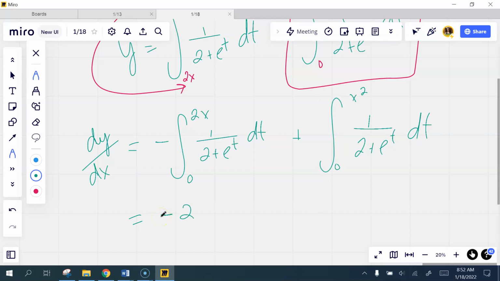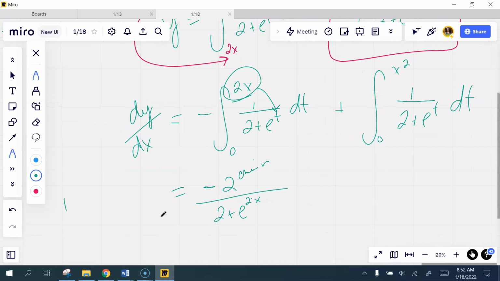I'm going to multiply it by the 2 for the chain rule, right? So this is 1 over 2 plus e to the 2x, not e to the x. Do you agree or disagree? Do you see why? It would actually be 1 over 2 plus e to the 2x times, and then the chain rule here would be 2. So I just went ahead and put it on the top.